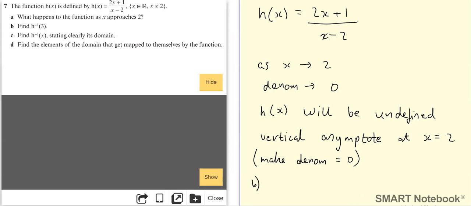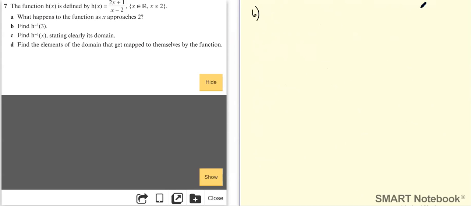Right, let's have a look at this. I'm going to do part C like I said first, just so that you can have a look. So, how do we find the inverse of h of x? Well, I'm going to start off by saying y equals 2x plus 1 over x minus 2.